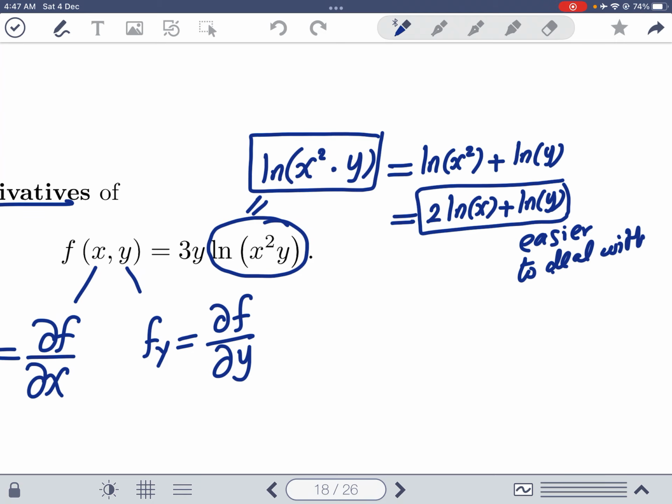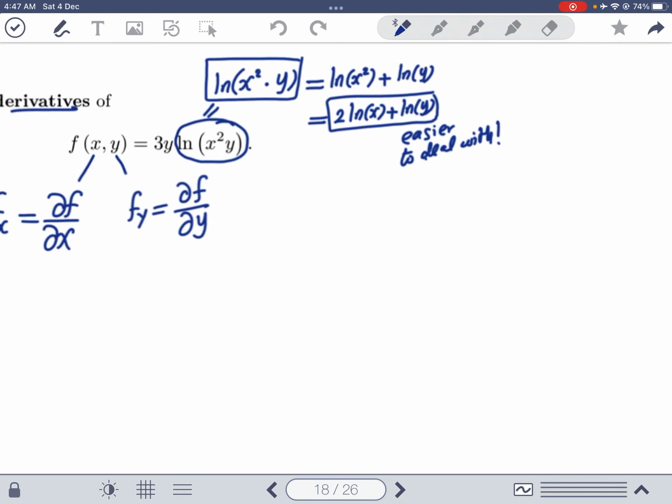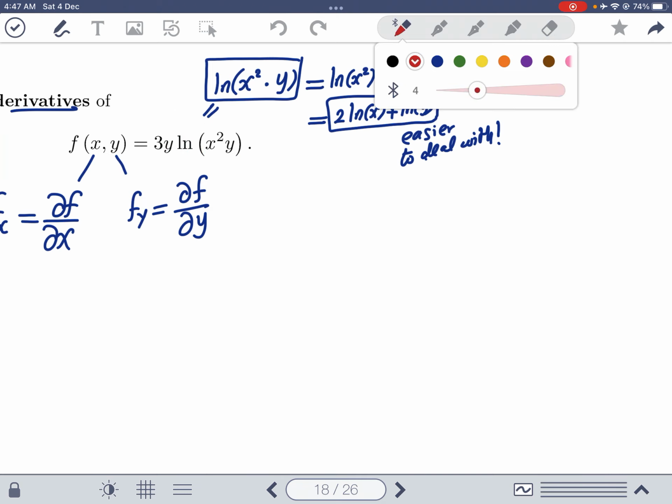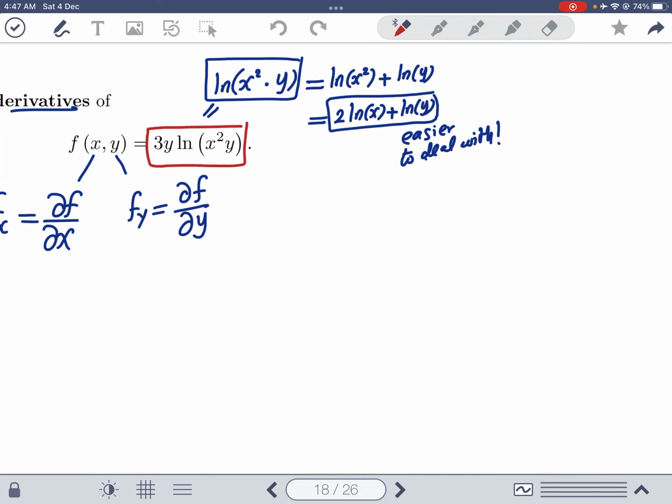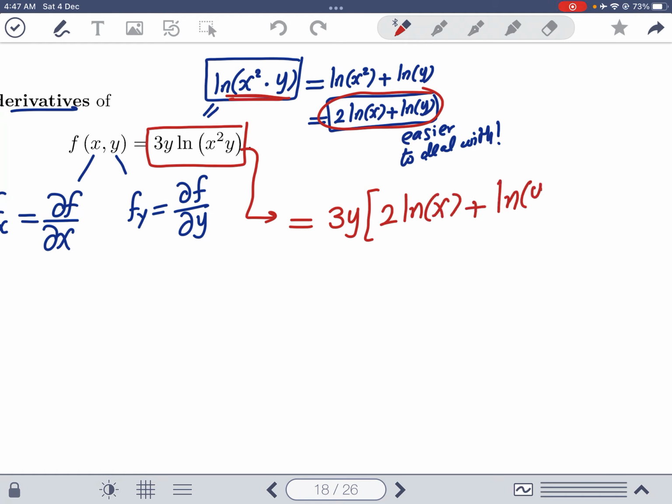And so now what we will do is we'll write the function in the simpler way. So let's do everything in red. f will now be equal to 3y times ln of x squared y. We saw that it's equal to this, so times 2 ln x plus ln of y.